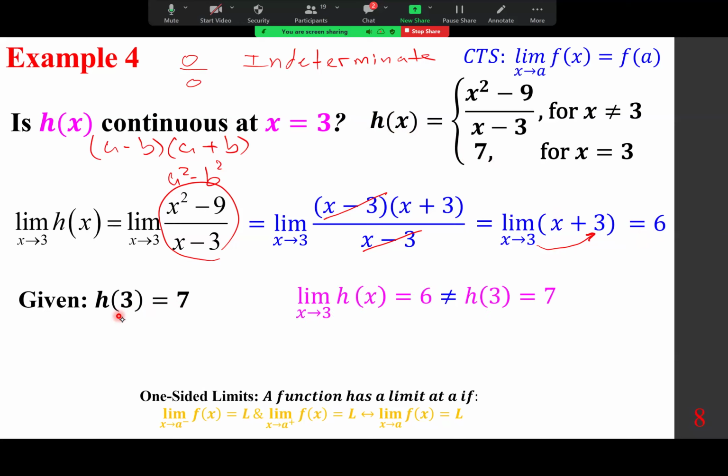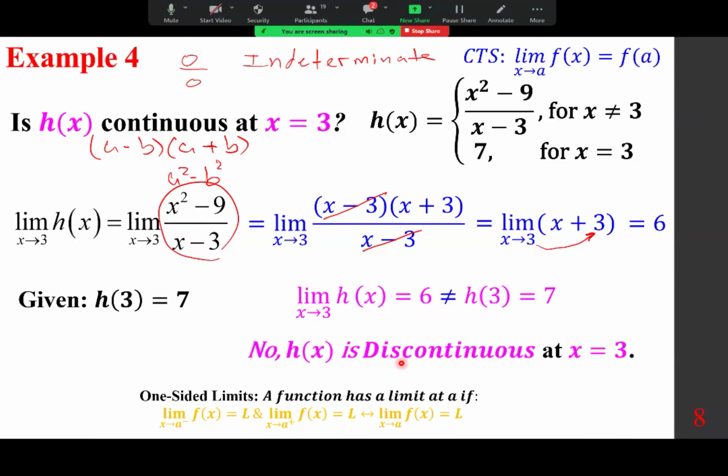So the limit of h of x as x approaches 3 is 6, which is not equal to h of 3 equals 7. Therefore, h of x is discontinuous at x equals 3.